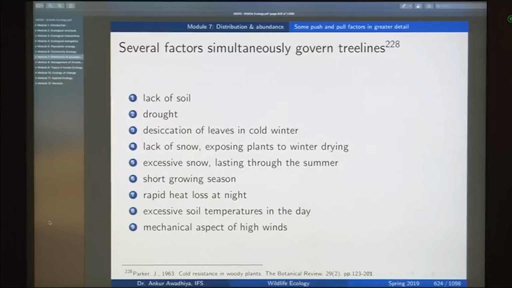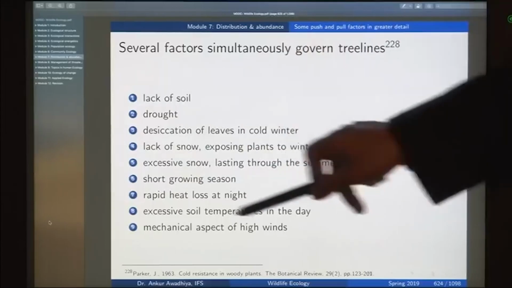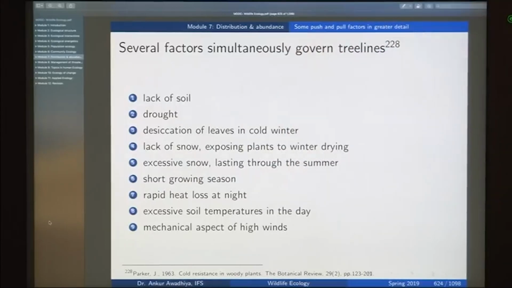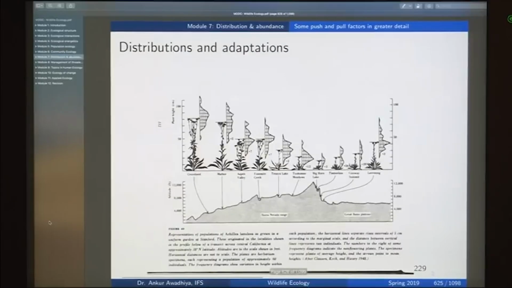So, especially in the case of these tree lines. So, tree line is the line above which there is no growth of trees. So, that can be because of lack of soil, drought, desiccation, lack of snow, excessive snow, short growing season, rapid heat loss at night, excessive soil temperatures in the day, or mechanical aspect of high winds. Now, which of these factors is playing a role, or which combination of factors is playing a role, that needs to be looked at experimentally.